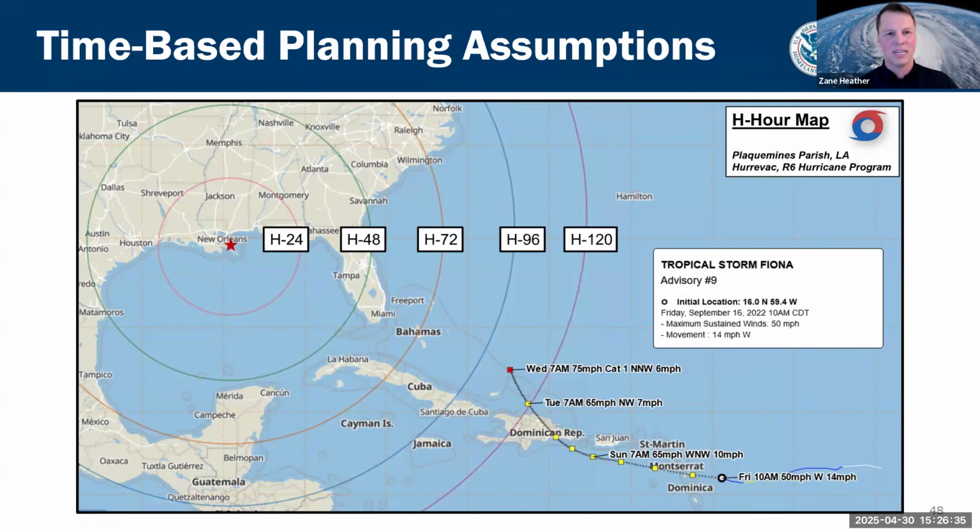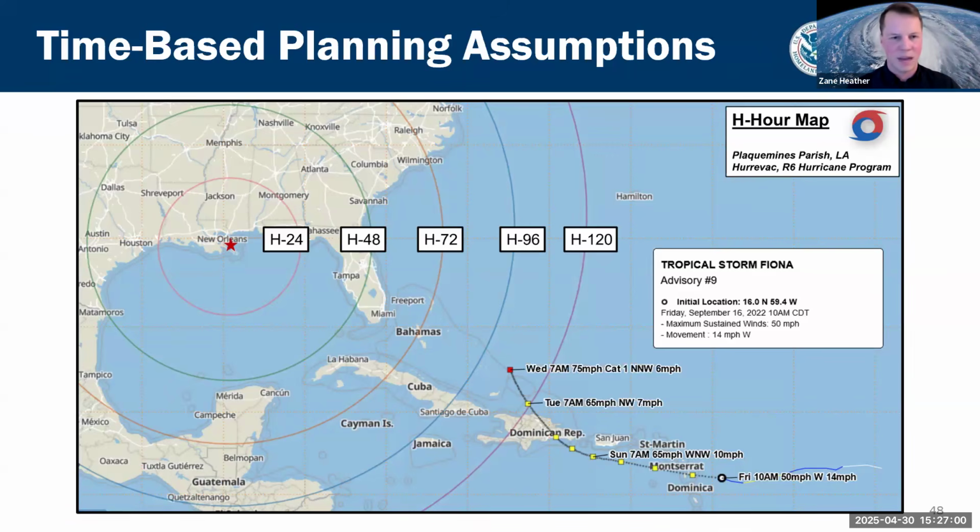jurisdiction. So what you're seeing here are timing arcs. Essentially, it integrates pre-identified time-bound actions that you, the user, have identified with a current forecast, and the forecast that informs this is forward speed and maximum radius of wind, to let you know based off of where the storm is, when you need to make a decision.